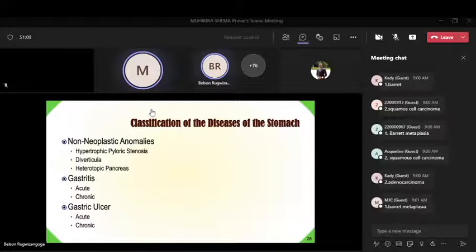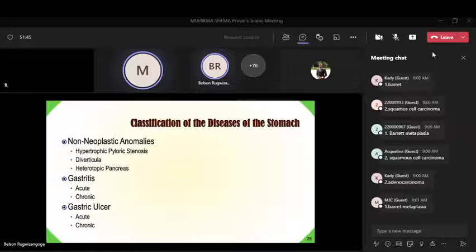For the classification of the diseases, you have non-neoplastic anomalies such as hypertrophic pyloric stenosis. This is a disease which affects mainly young children. When you palpate them, they have severe abdominal pain. The food will not pass from the stomach to the intestines, so they have abdominal distension, but also a very painful nodule that you can palpate.